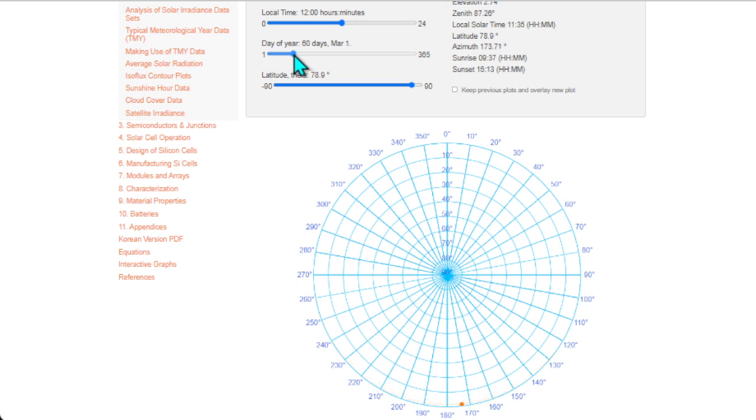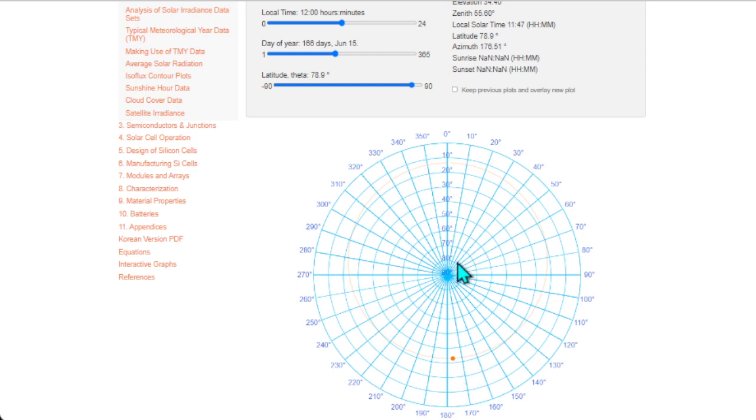Now at about March the 1st, it starts to appear in the outer ring, which means it's barely above the horizon. And let's see how far north it goes. Okay, it gets up to about here, the summer solstice. So in summer, in Norway, I know it's counterintuitive. You think you should be seeing it up here, but again, we're looking at a compass, and we're looking at degrees around the compass and elevation in the concentric circles.